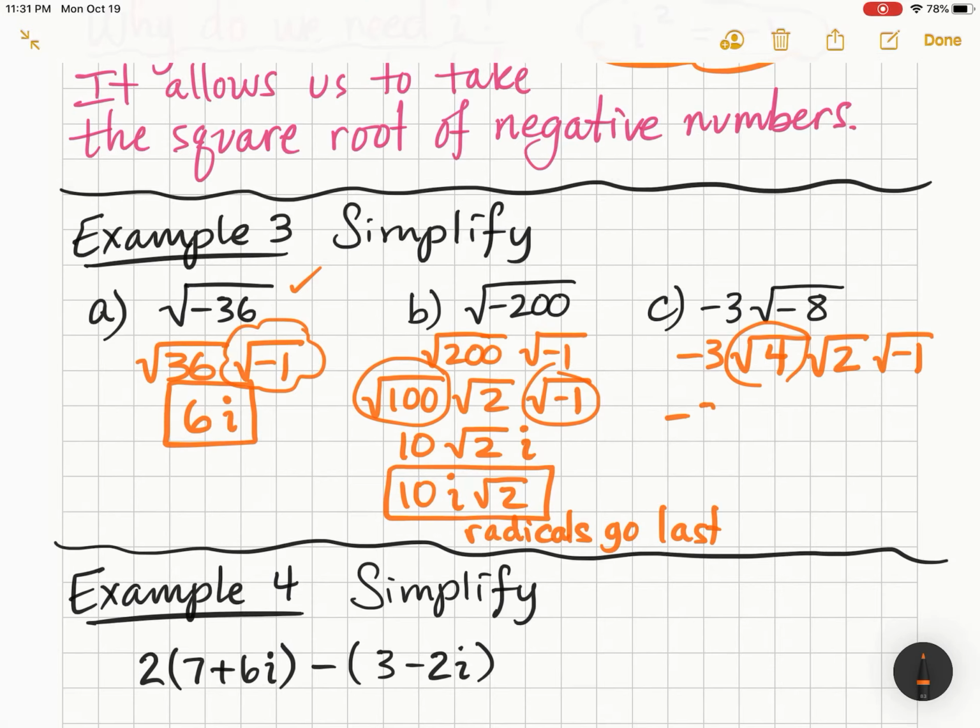A common mistake that I see is that students take the square root, but they forget to take the radical sign off. And the square root here is i. So let's multiply and put everything in a great order. Looks like negative 6i radical 2. And that's a great answer.